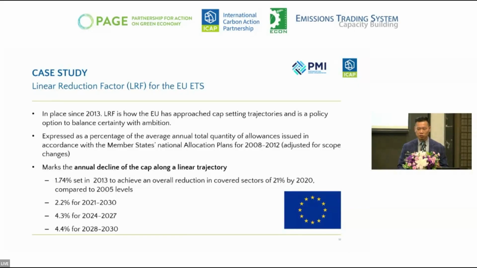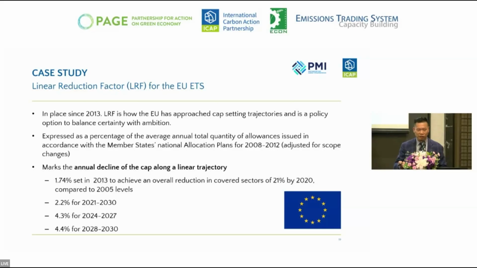So since 2013, coming to the third phase, the EU Commission introduced this linear reduction factor. Each year it reduces some percentage, so it provides certainty for the covered entities. At the very beginning, from 2013 to 2020, it reduced 1.74% every year. And from 2021 to 2023, it reduced 2.23%.